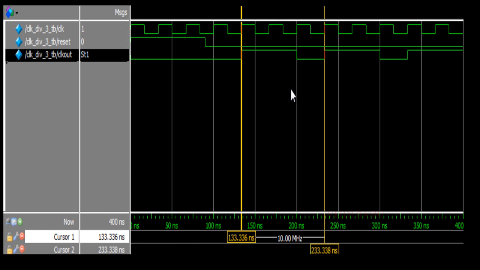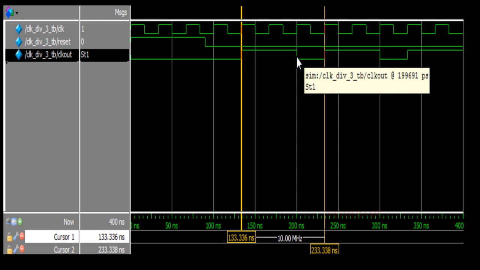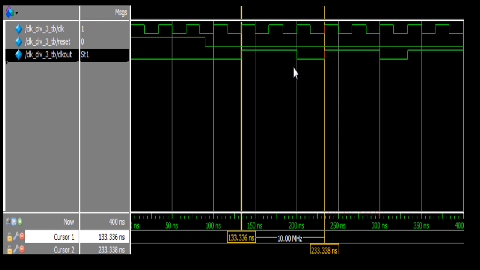If you see the waveform here, also there are three input clock pulses used to attain one clock pulse of the output, but the duty cycle of this one is not 50 percent. So to achieve 50 percent duty cycle, we need to use the negative edge for the third flip-flop.